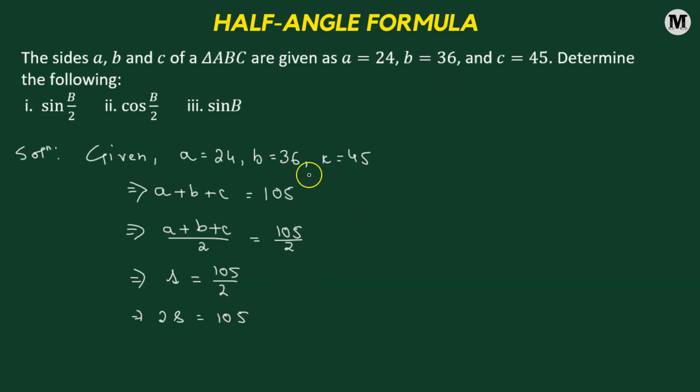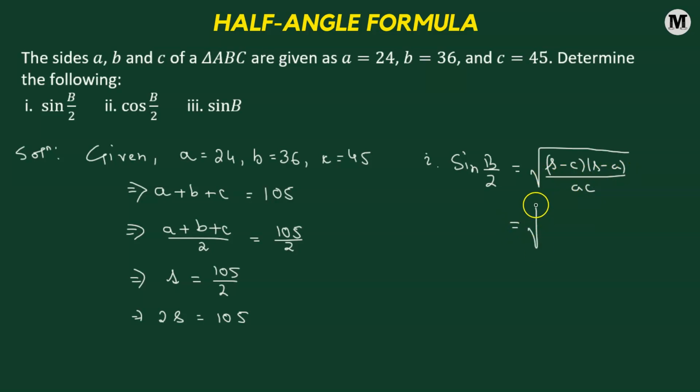Now, coming to the first part of the problem, our goal is to find sine B over 2. There is a standard half-angle formula to obtain sine B over 2. It is given by the square root of S minus C times S minus A, divided by AC. Now, we substitute the values.